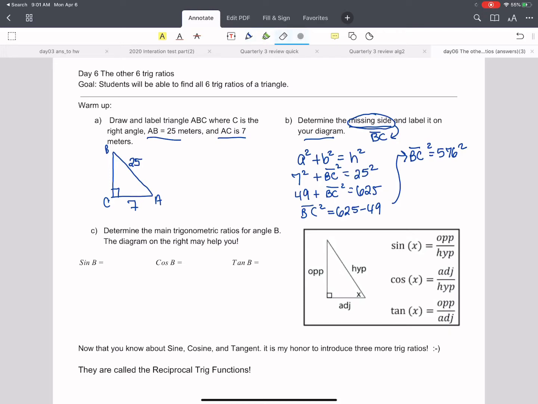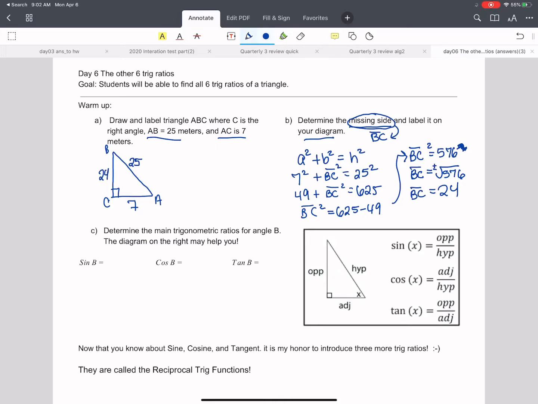So BC is equal to the square root of that. Of course, it is plus or minus the square root, but it doesn't make sense for a negative value because that would make it a negative length, and we're not looking at that. So this is 24. So now I can go back over here and plug in 24.